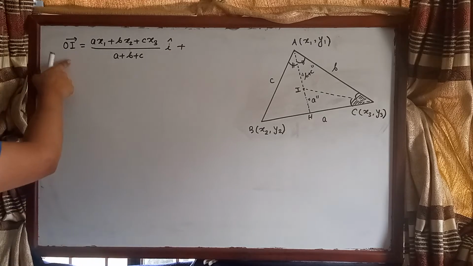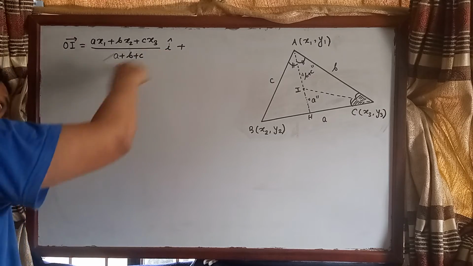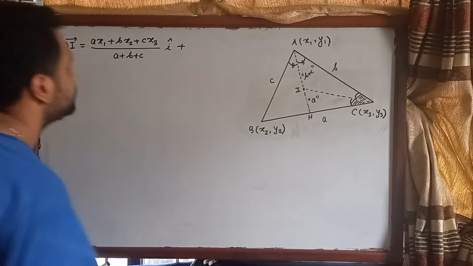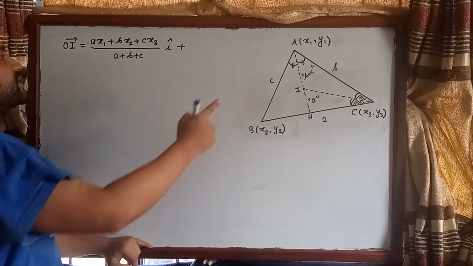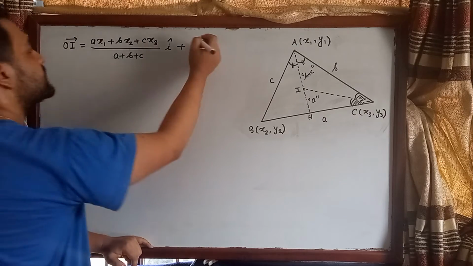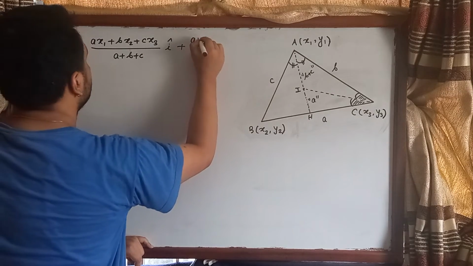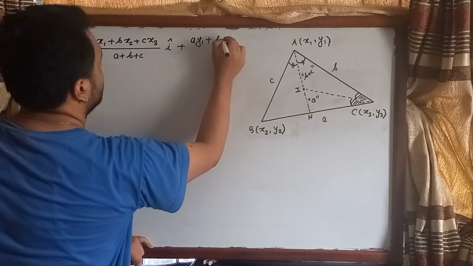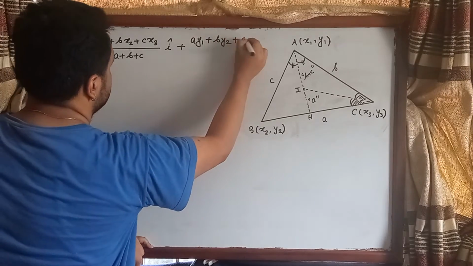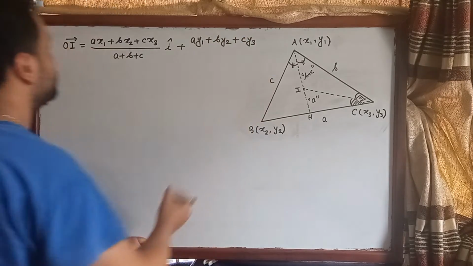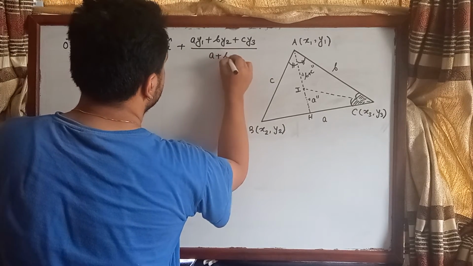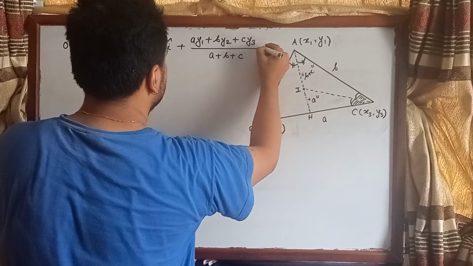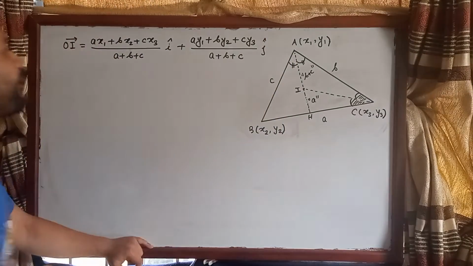If O is the origin and i is the standard unit vector along x-axis, and if j is the standard unit vector along y-axis, then we have AY1 plus BY2 plus CY3 over A plus B plus C j vector.